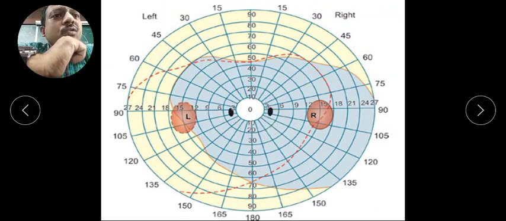The blind spot is usually present 15 degrees away from the central fixation point. It is an oval area, about 7.5 degrees in height and about 5.5 degrees in width. This is the blind spot.